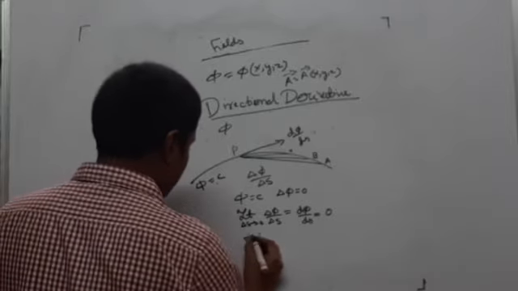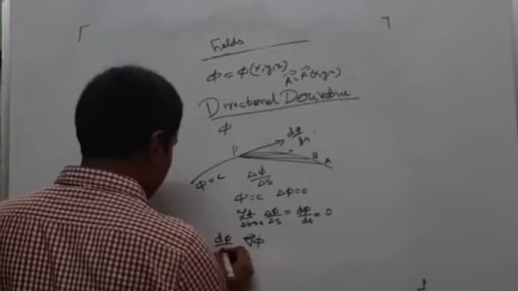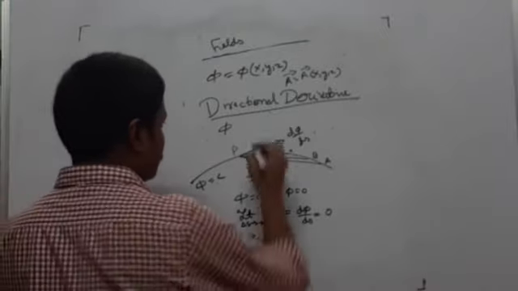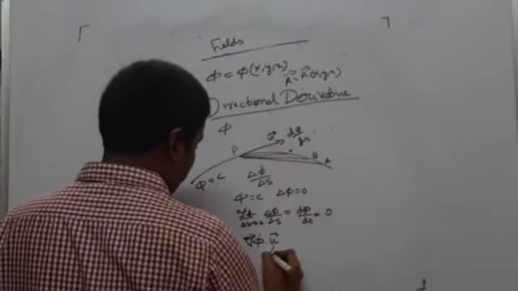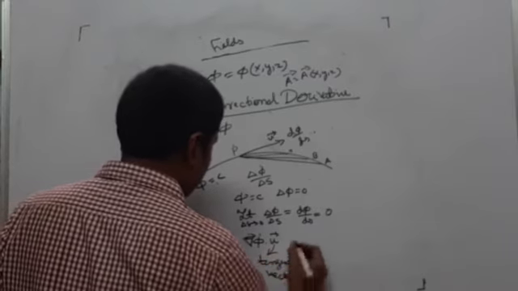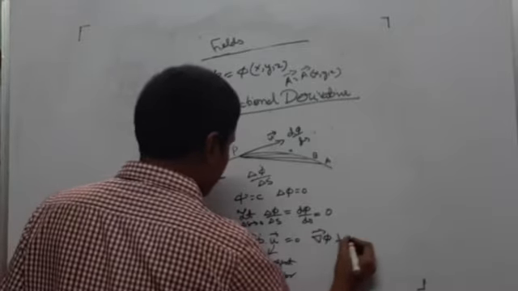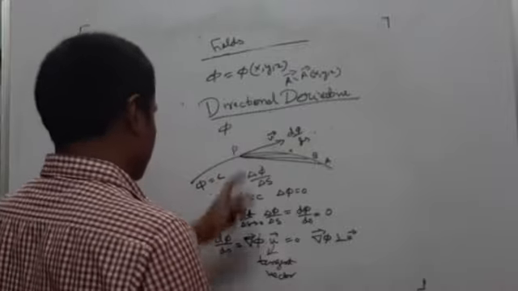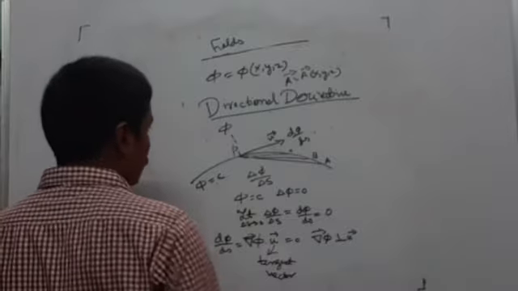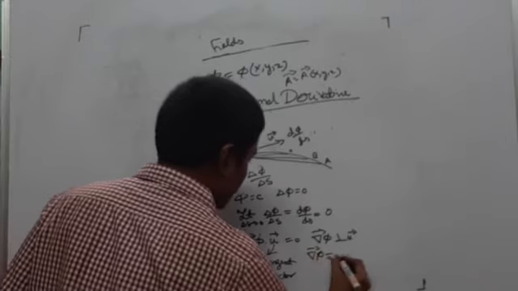It tells me the gradient of phi dot u, where u is the tangent vector, is 0, which means the gradient of phi is perpendicular to u, but u is the tangent vector. So the gradient of phi has to be the normal at that point, at P.